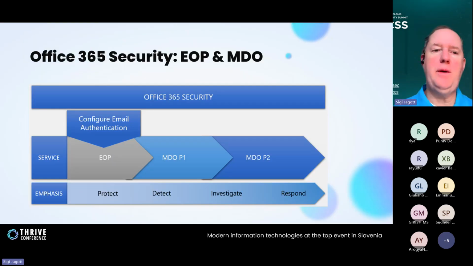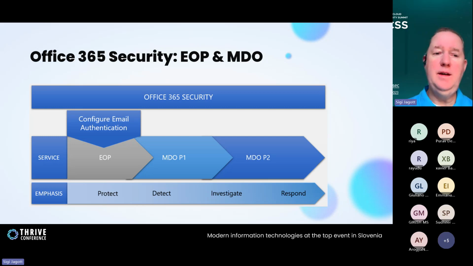The first thing to talk about is what is Exchange Online Protection? Basically, Exchange Online Protection is an anti-spam, antivirus, anti-malware solution for your Exchange environment, for your Office 365 security.